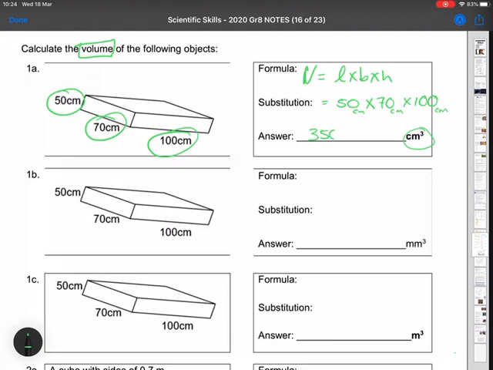You should get an answer of 350,000 centimeters cubed. Or if you were working in scientific notation, your volume should have been 3,50 times 10 to the power of 5 centimeters cubed.